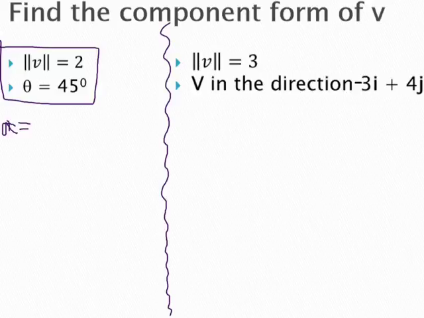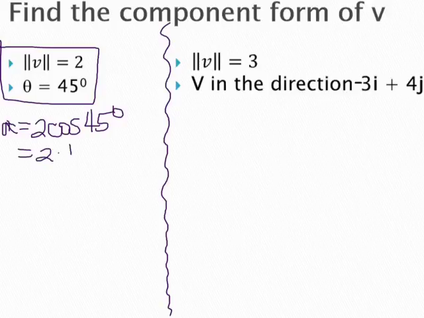The horizontal component is going to be the magnitude times the cosine of the angle. Well, we know that the cosine of 45 degrees is radical 2 over 2. So our horizontal component is radical 2.